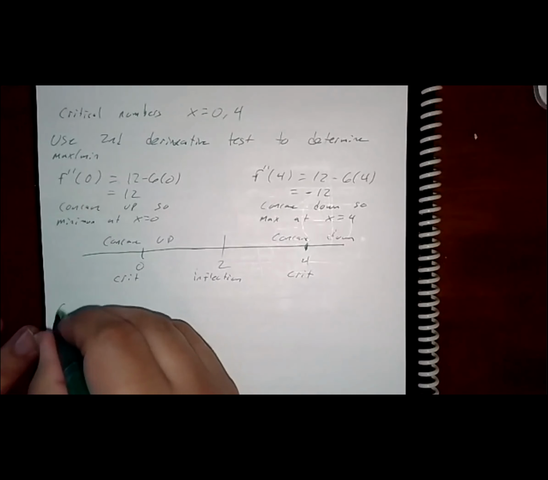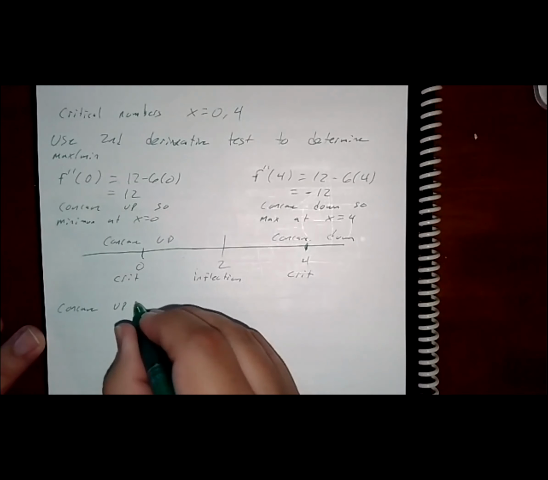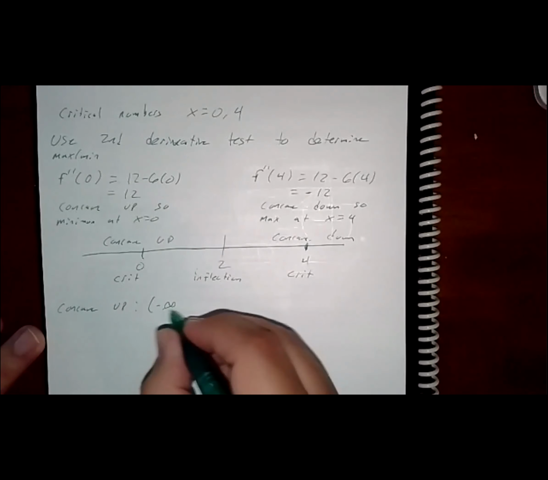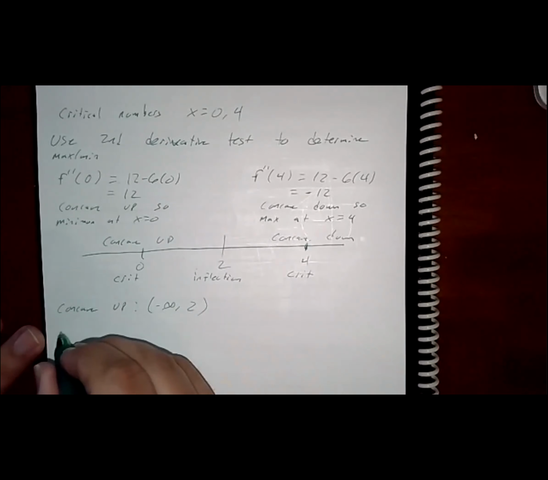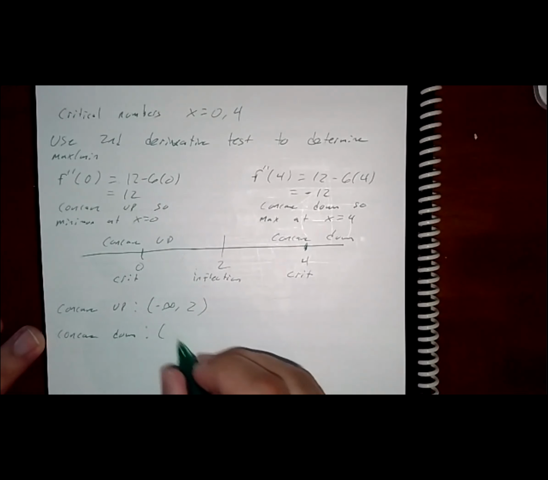So to answer the original question of the homework, concave up, we would say from negative infinity all the way until 2. Concave down all the way from 2 to infinity.